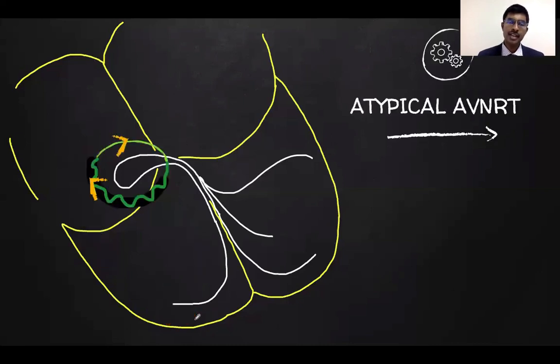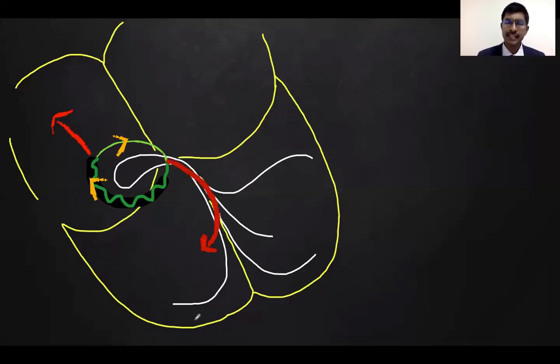In contrast, atypical AVNRT is a very small circuit which revolves in and around the AV node. It does not require the atrium or the ventricle for sustenance of the circuit, and the atrium and the ventricle are activated in parallel.